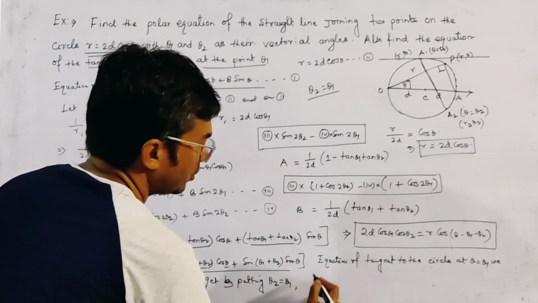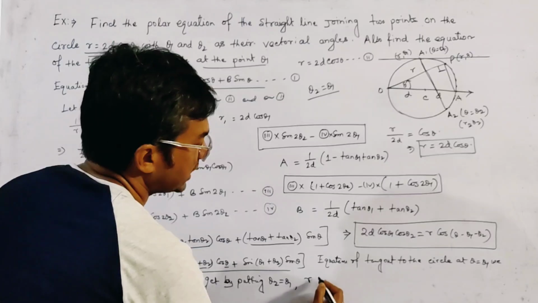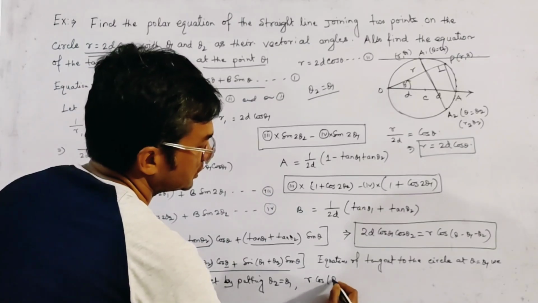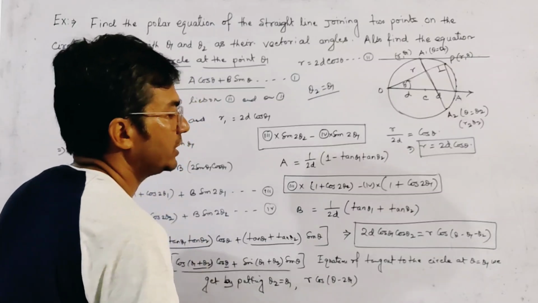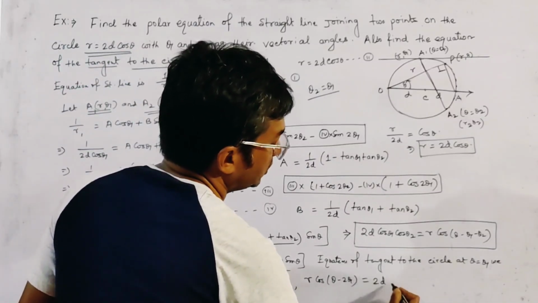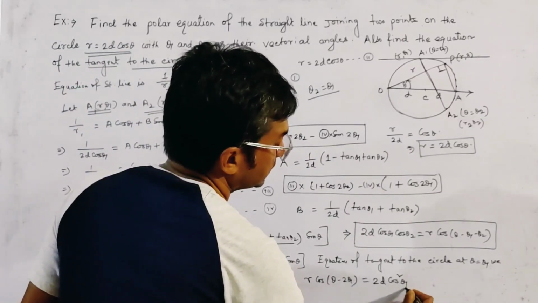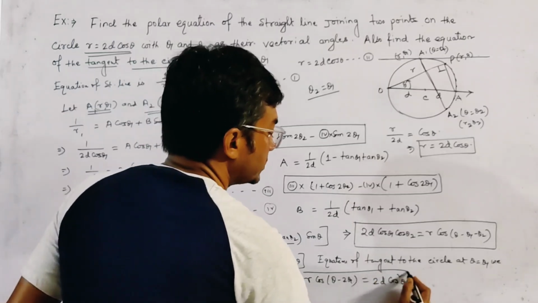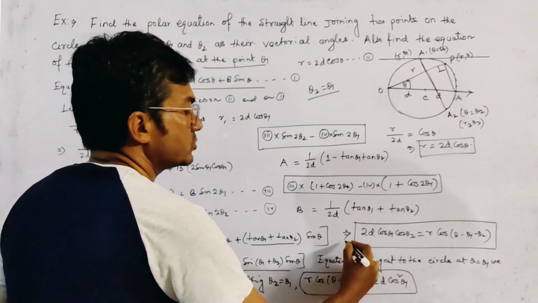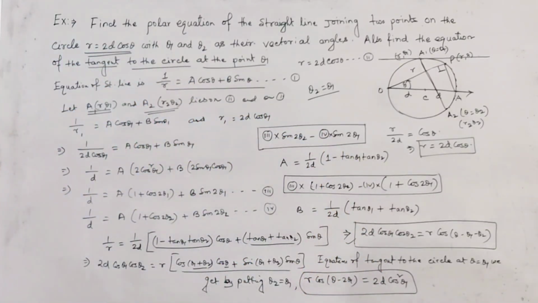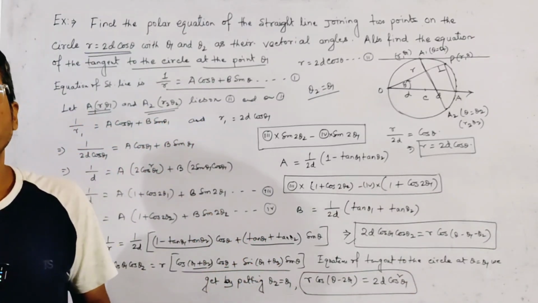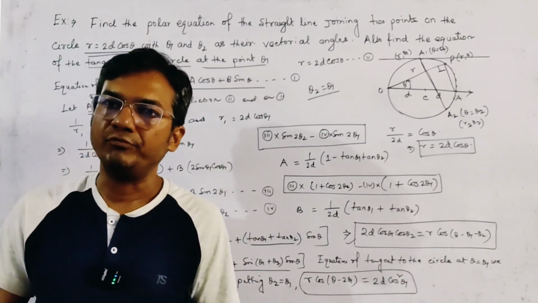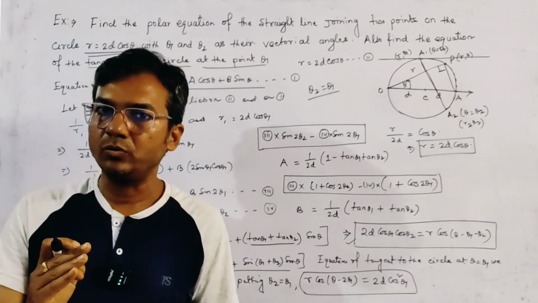We get the equation of the tangent as r cos(theta minus 2 theta 1) = 2d cos square theta 1. This is the equation of the tangent, and also this is the equation of the straight line. This is a very important and interesting problem of polar equation. Thank you for watching.